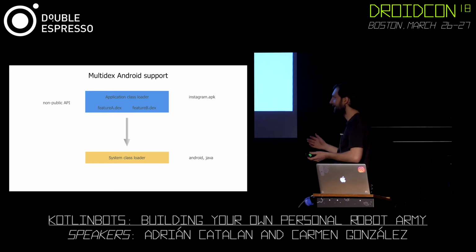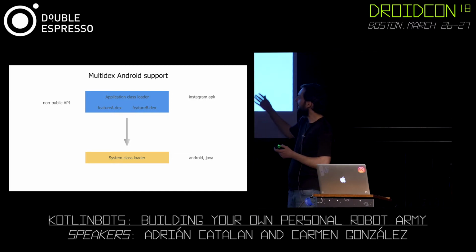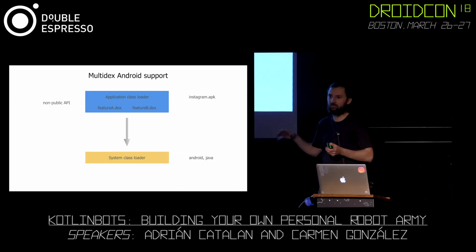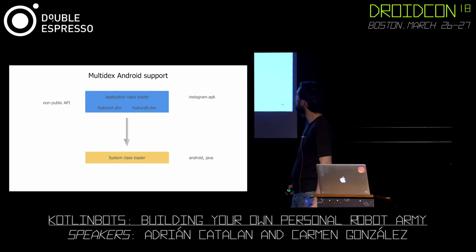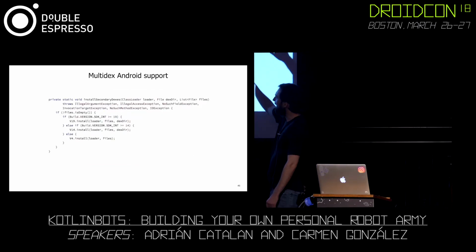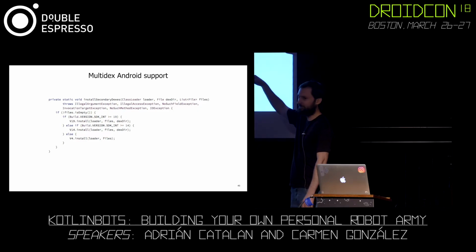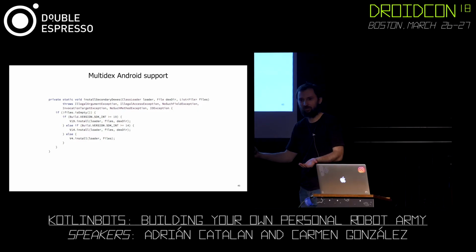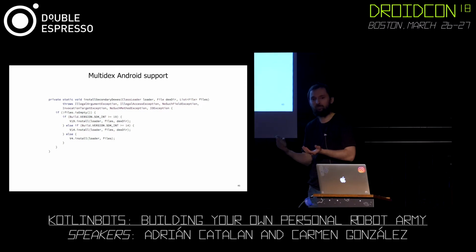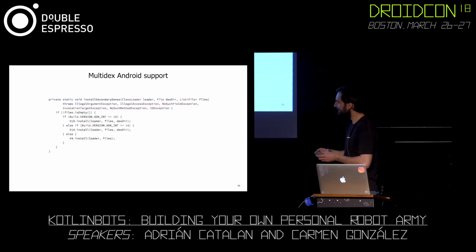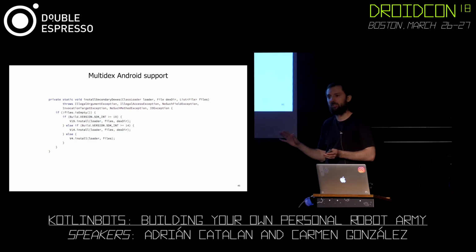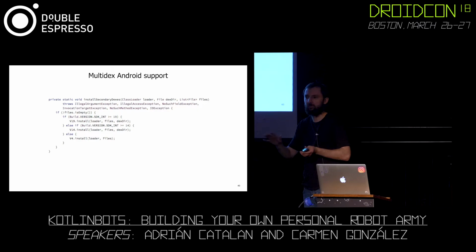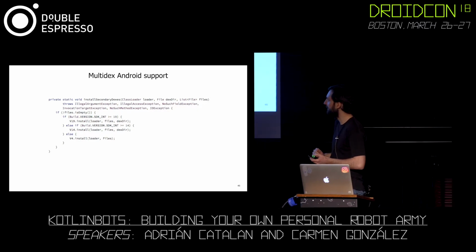But this is Java, and there are ways to modify private fields. So we can modify private fields in the application class loader so that it handles other files too. If you look at the Multidex library, you will notice different implementations for different versions, because those private fields were changing. If you modify private fields, you never know when they change. So this approach needs a bit of maintenance, but it works correctly for activities, services, and any features.